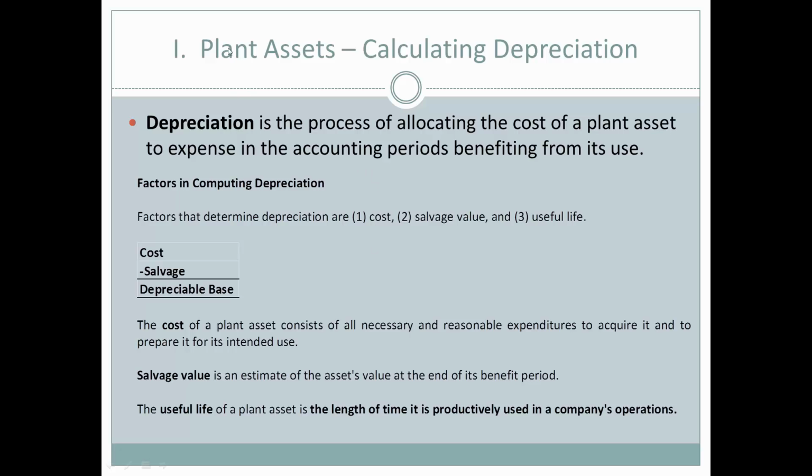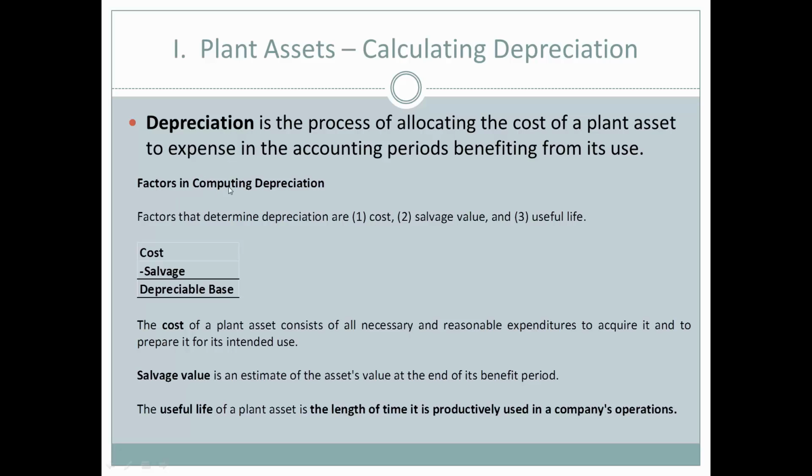Now let's look at another issue related to plant assets, calculating depreciation on the plant assets. Depreciation is the process of allocating the cost of the plant asset to expense in the accounting periods benefiting from its use. So we're taking the asset value and converting it to expense in order to match it against income.